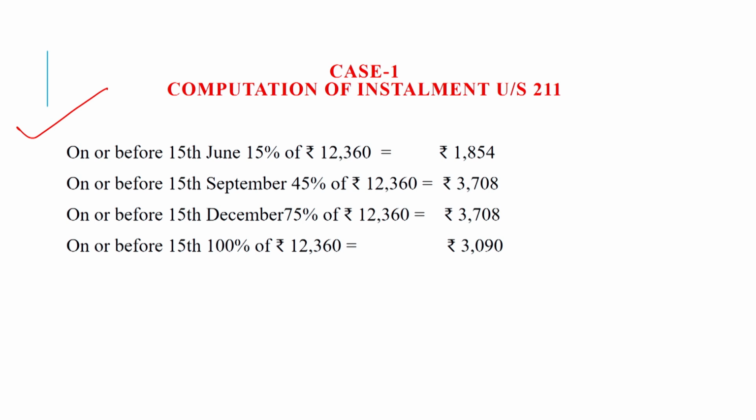You have written 45% and 75%, but there is no need to be confused. 45% minus 15%, 75% minus 45%, and for the last installment, 100 minus 75% is equal to 25%. So this slide represents how the volume of tax is computed, how the advance tax is computed, and what the percentages and dates are.